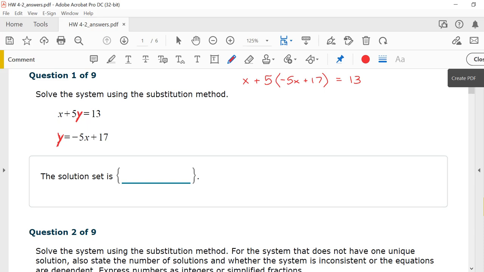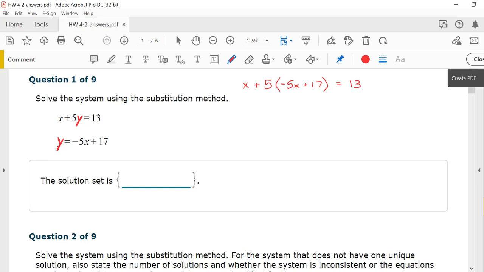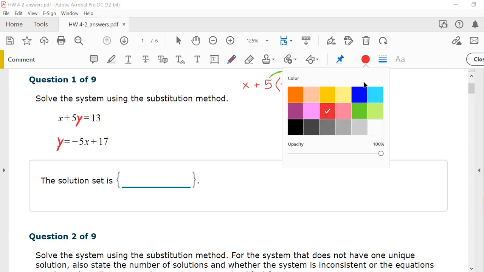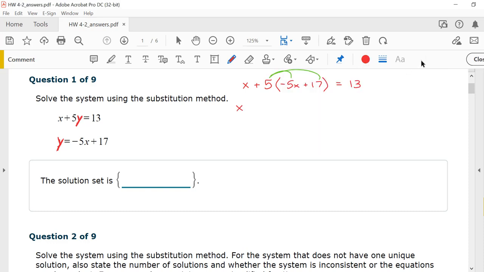Okay, now this becomes something that we did back in exam 1. Solve for x. First thing I need to do is distribute. So I have x minus 25x plus 5 times 17 is 85 equals 13.